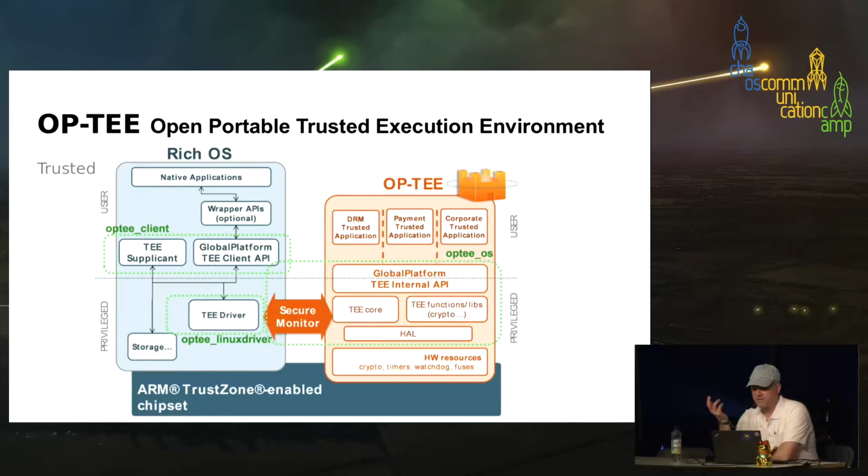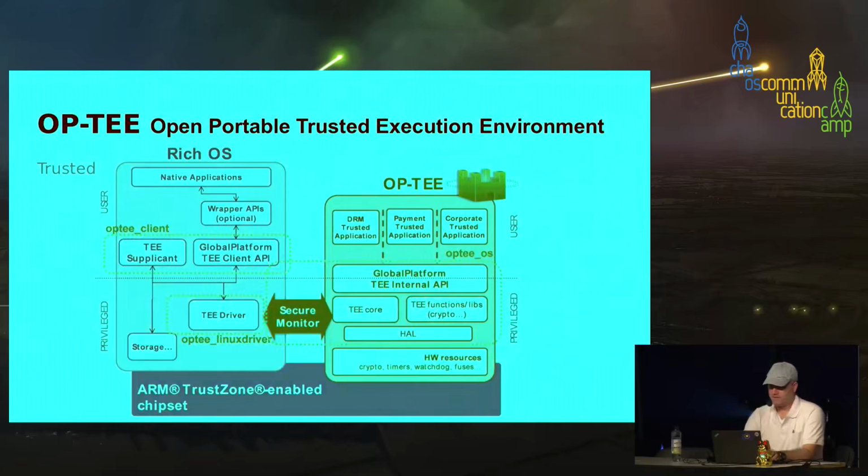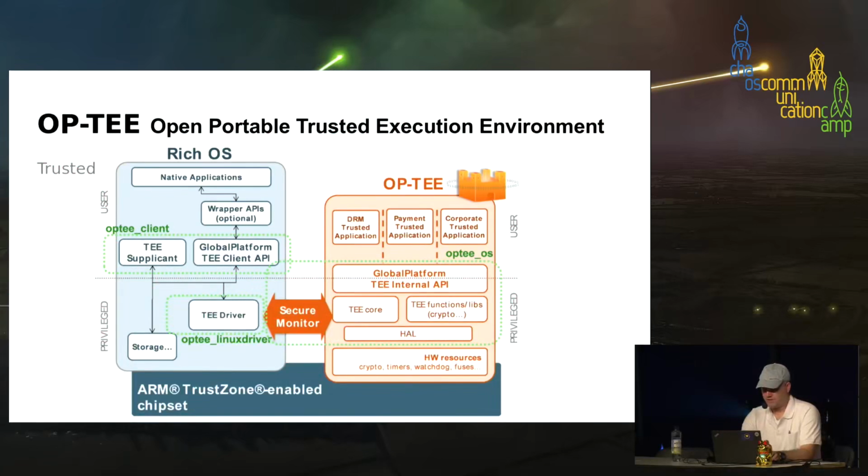OP-TEE is something like a microkernel running aside in a so-called TrustZone, and the rich operating system triggers a call into this TrustZone, executing certain secure and cryptographic operations, and you get back the result. So this is a well-established mechanism.